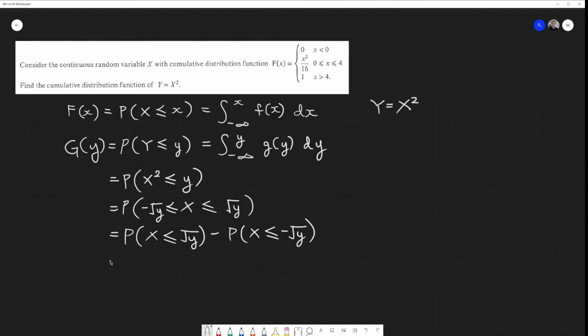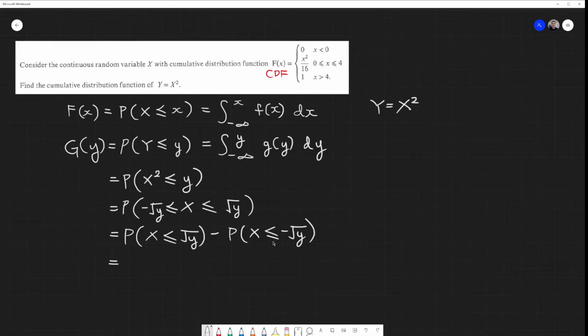Okay, so let's look at our PDF over here. Sorry, this is our CDF. Right? This guy is our CDF. So if you look at our CDF and you look at this definition here, you see that you're essentially just replacing this x with square root of y.